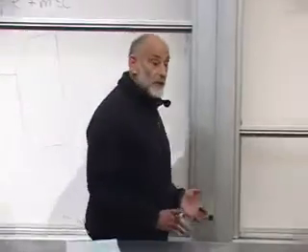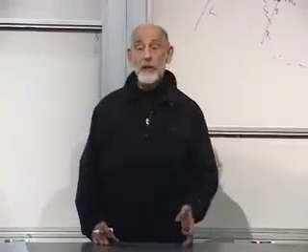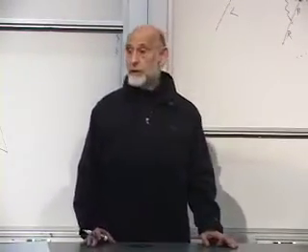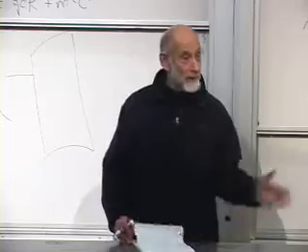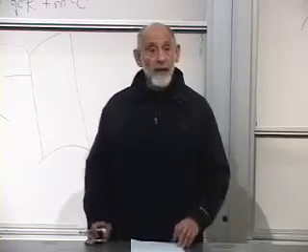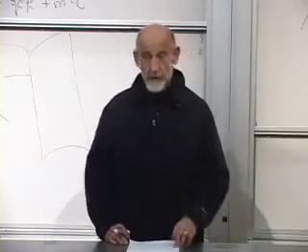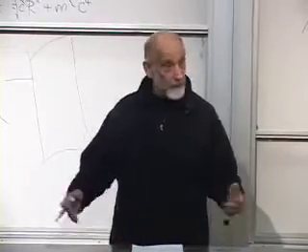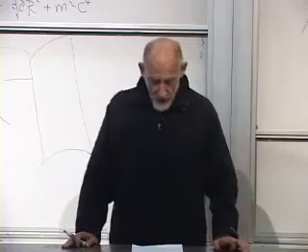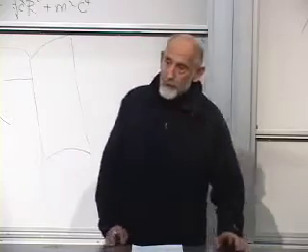The answer is all fermions get the minus sign, all bosons do not get the minus sign. That's first of all an experimental fact if you really did the experiment. It's also deeply embedded in the structure of the mathematics of quantum field theory and quantum mechanics. All right, so that's an interesting distinction between fermions and bosons.